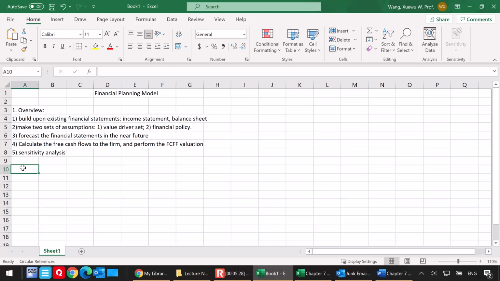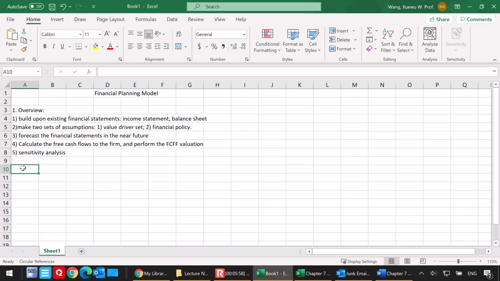As I said, this is a fairly complicated model to build and solve. The financial planning model has a lot of uses. For example, you can use it to forecast the future financing needs of the company. Some of you might be thinking about setting up a startup company, so you can start to think about how to forecast the future financing needs of your company.